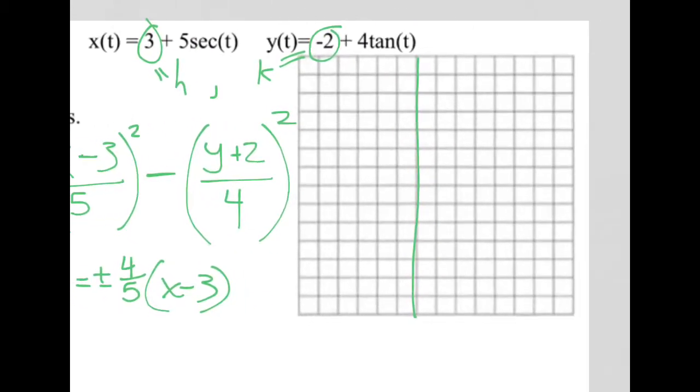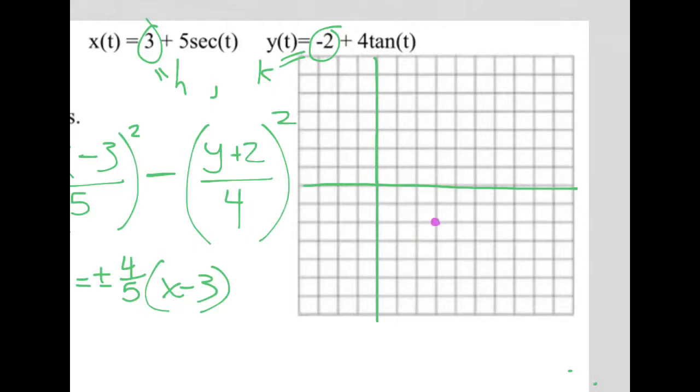So make sure you give yourself at least 5 on the left and on the right, which I don't honestly think I very much did. So there are my axes right there. I'm going to plot my center at 3, comma, negative 2, right there.